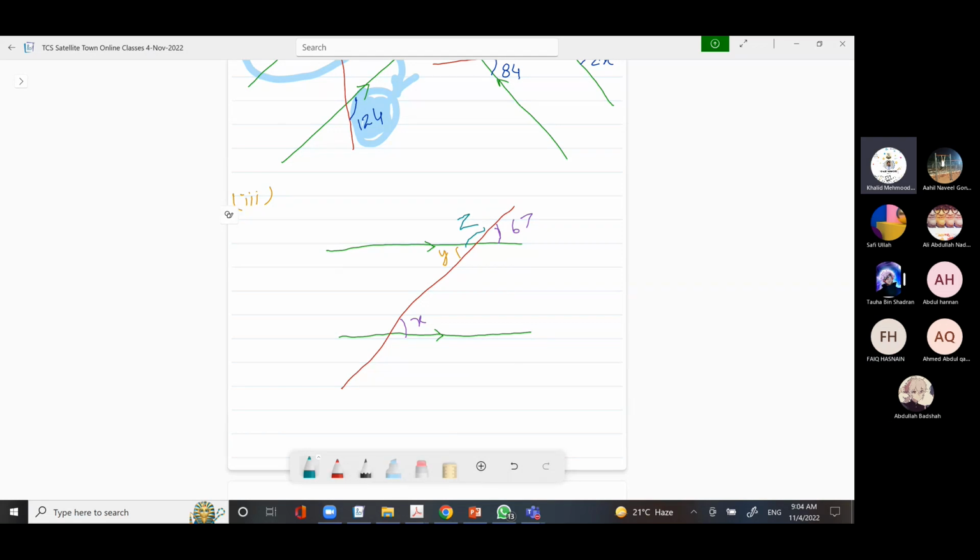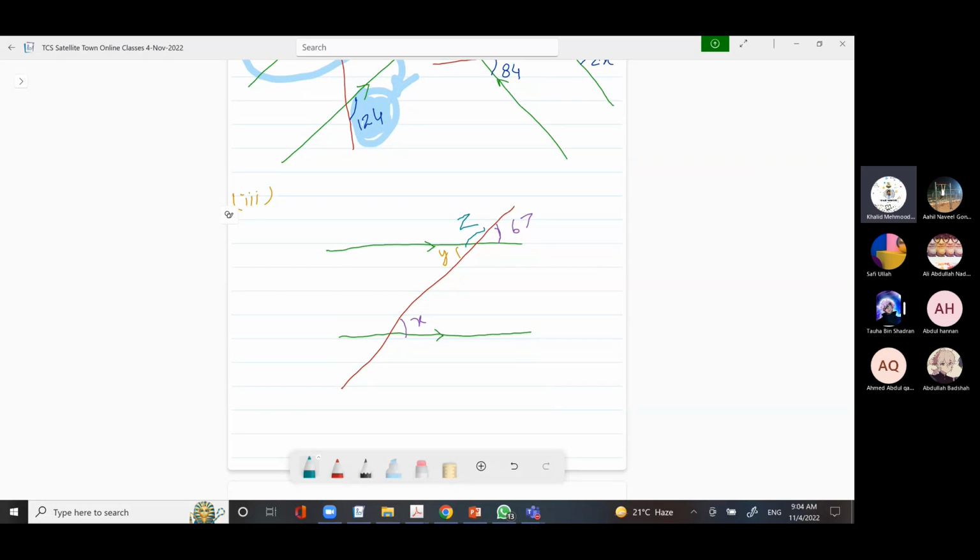Could you find the value of X, Y, and Z? First, find the value of Y, then find the value of X, and then find Z.